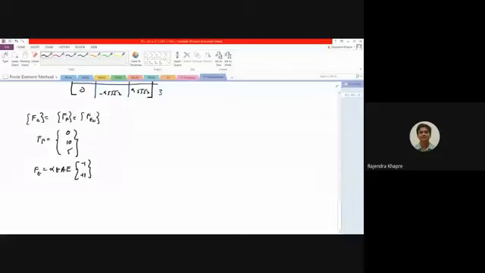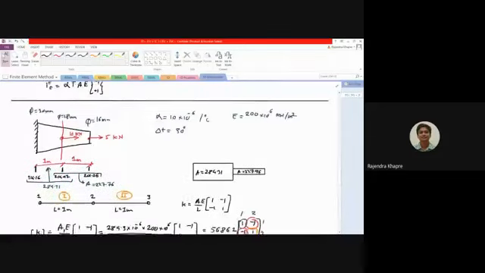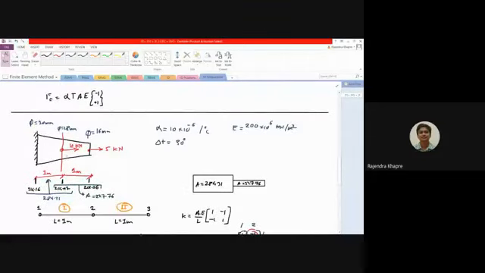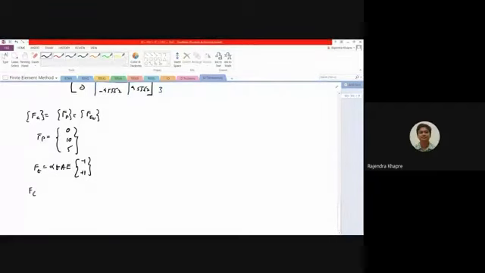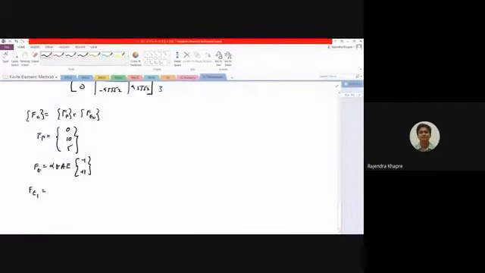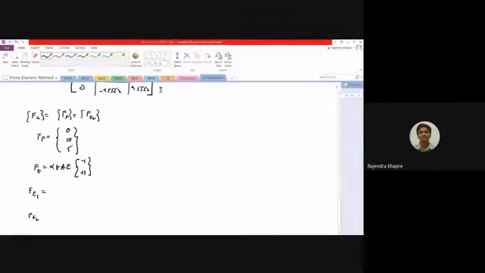Now you see there are two elements, element number 1 and element number 2, so we have to calculate this force element wise. So this is the force in strain for the first element, and this is for the second element.